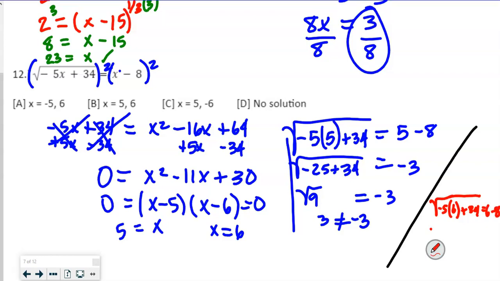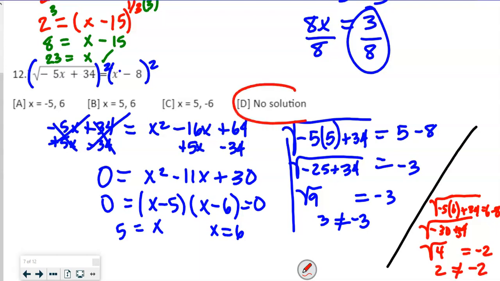Okay, so this is going to be negative 30 plus 34. So that's going to be the square root of 4. This is going to be negative 2, right, y'all? So this is going to be 2, and again, it does not equal negative 2. Do y'all notice that? So this one has no solution.